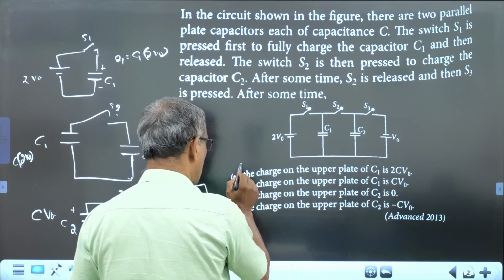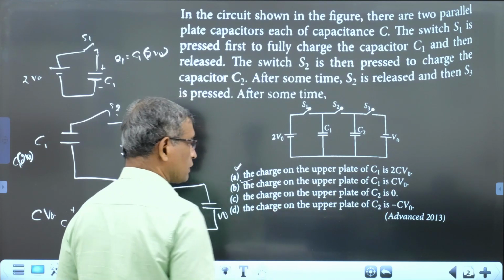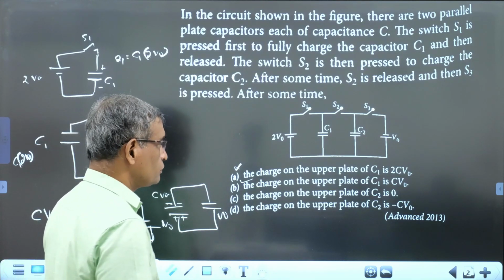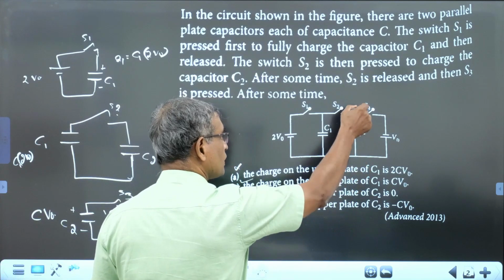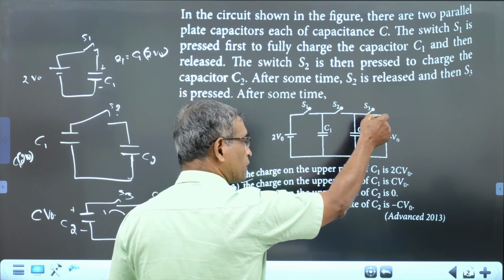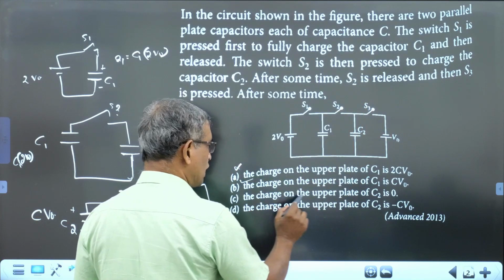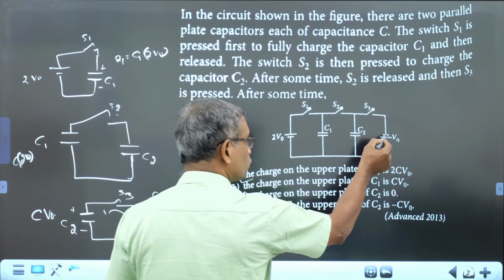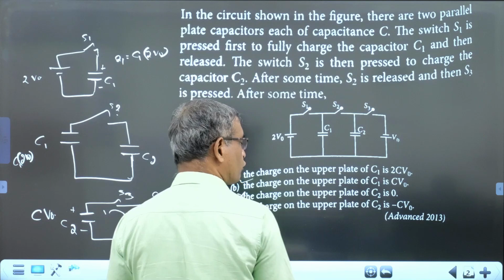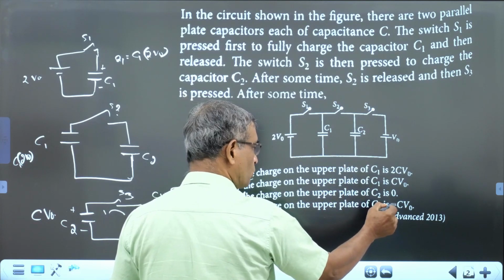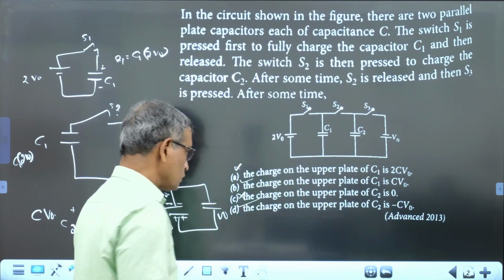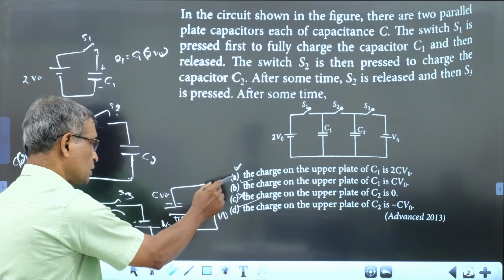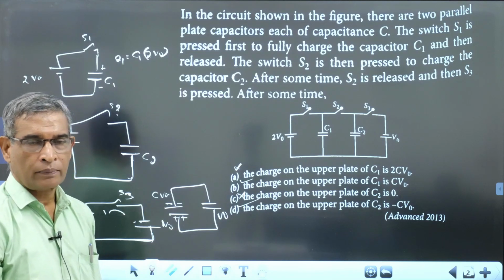So 2CV0 is wrong, whereas CV0 is correct. Next, after pressing and releasing, the charge on the upper plate of capacitor C2 being 0 is wrong. The source drives charge in the opposite direction, therefore the charge stored here is equal to minus CV0. Therefore both B and D are correct, whereas A and C are wrong.